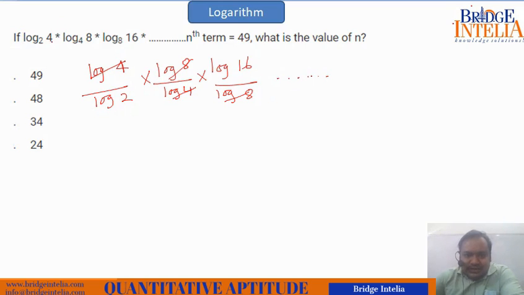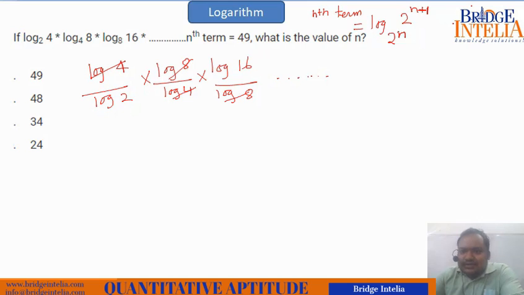So you see, the terms are... what is the nth term equal to? First things first, the nth term can be written as log base 2 to the power n of 2 to the power n plus 1. So this is the situation.